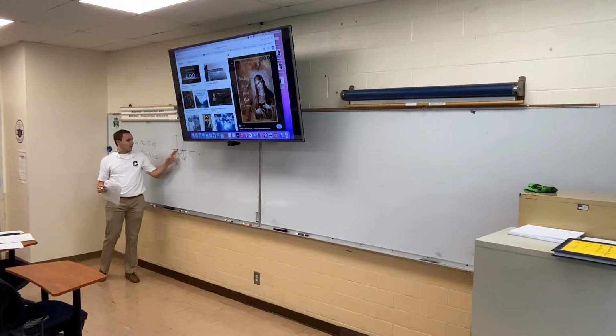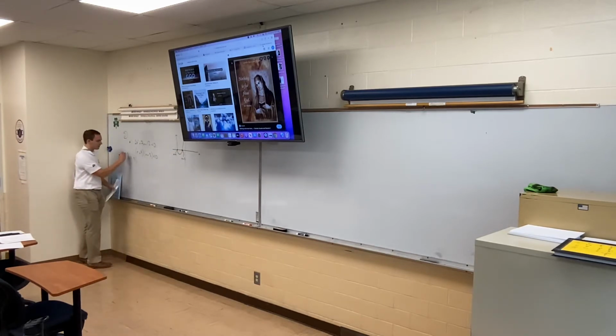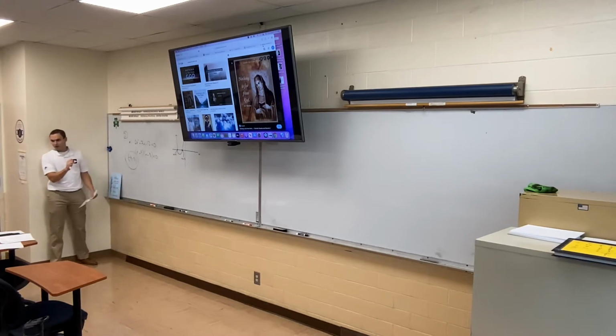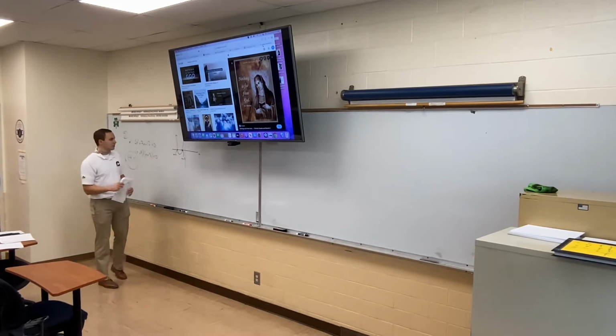When x is greater than -4, we're in this region right here, and my parabola is below the x-axis. When x is less than -3, we're still in this region, below the x-axis. Is anyone confused on how that works? This is my solution: all the x's between -4 and -3, exclusive.